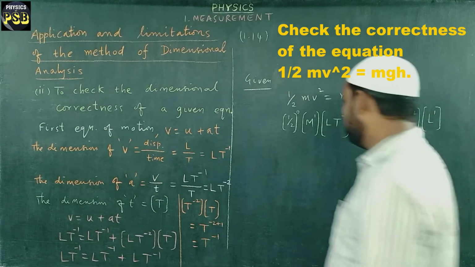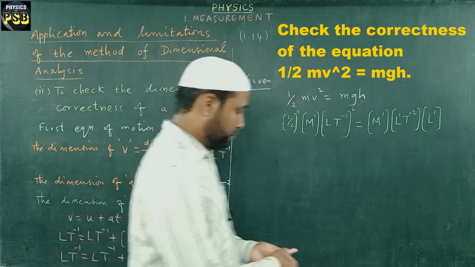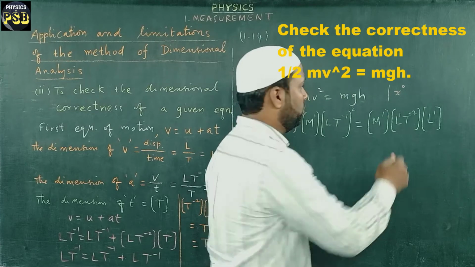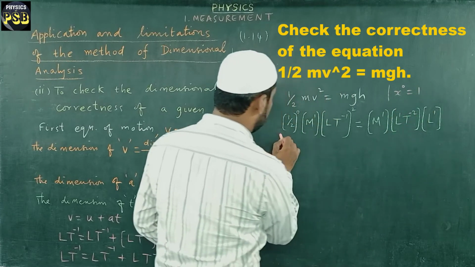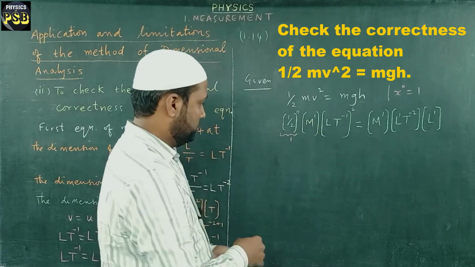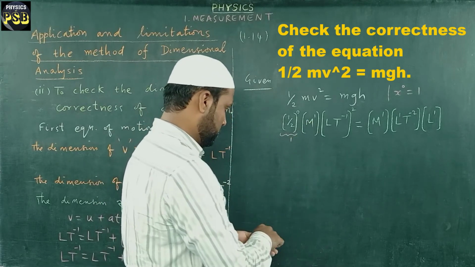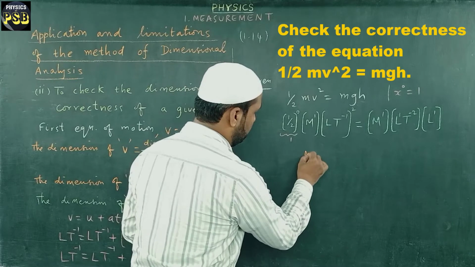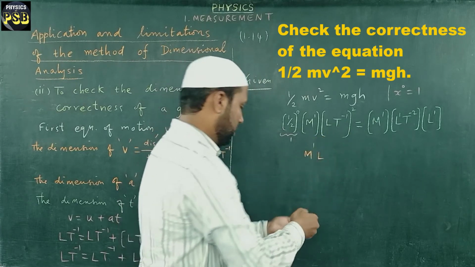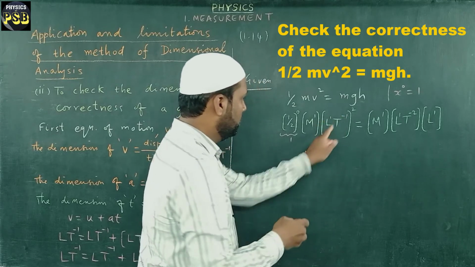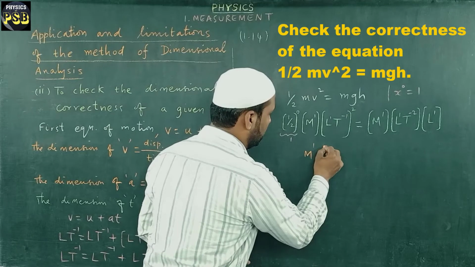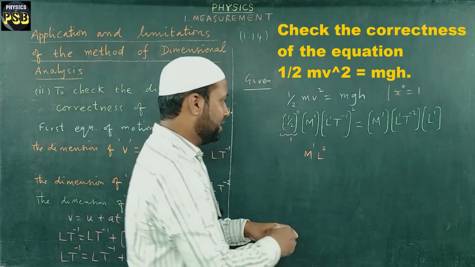Now let's see what I do. We know anything with a power 0 is equal to 1, so this becomes 1. Then M power 1, L power 1, multiplied with this, you get L power 2. I am going to expand this.